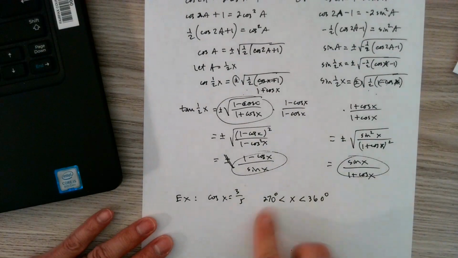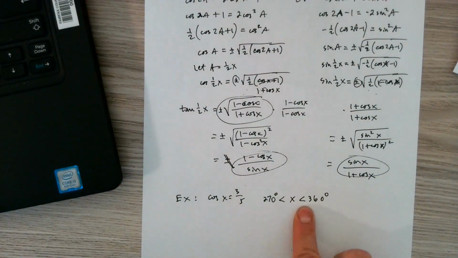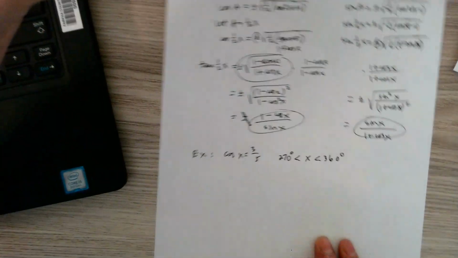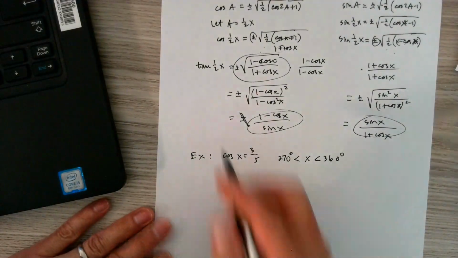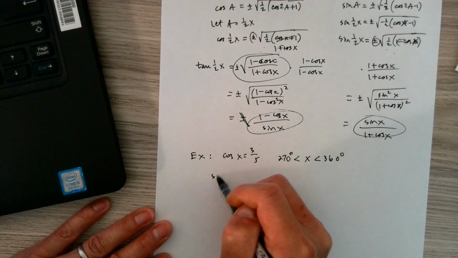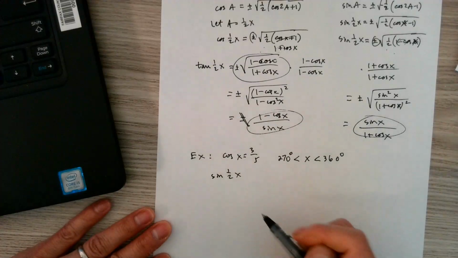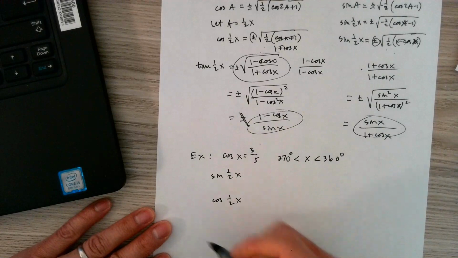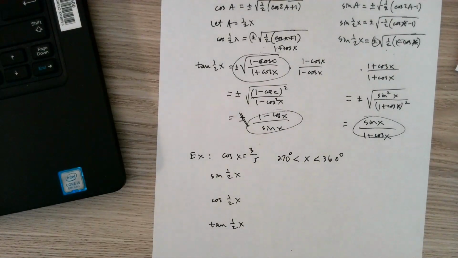Okay, here's the extra information. It is in quadrant 4. Okay, now that you have the quadrant pinned down, you have enough information to find sine of 1/2 x, cosine 1/2 x, and tan 1/2 x.